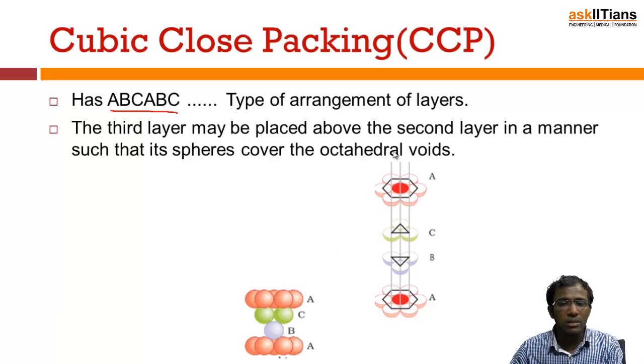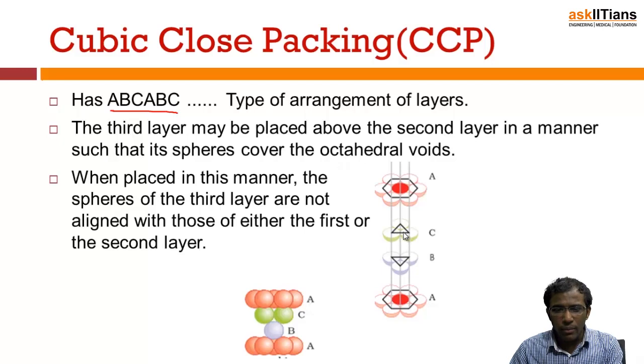The third layer may be placed above the second layer in a manner such that its spheres cover the octahedral voids. If you place the third layer this way, it will be entirely different from the first two layers. So that's why a different name is given. We call this layer C.